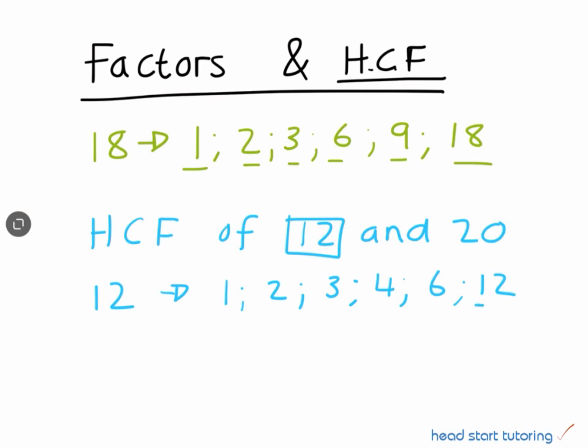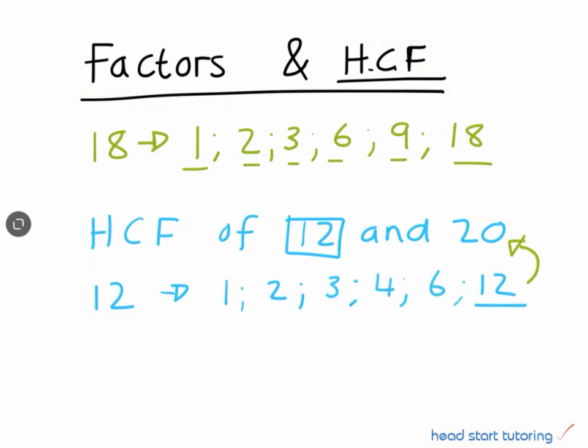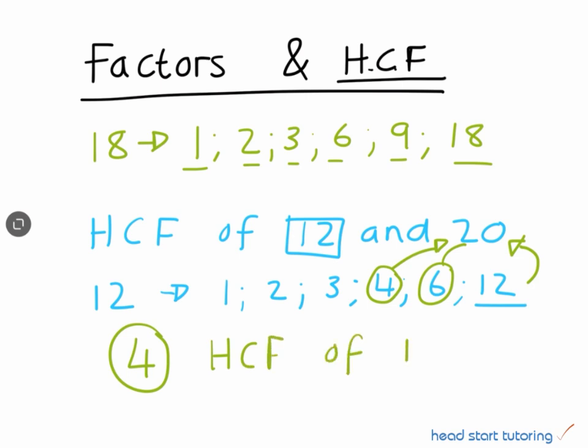We then go to the highest factor of 12, and we see, does 12 fit into 20? No, it doesn't perfectly. Does 6 fit into 20? No, it doesn't perfectly. Our next highest factor is 4. Does 4 fit into 20? Yes, it does. So 4 is the highest common factor of 12 and 20.